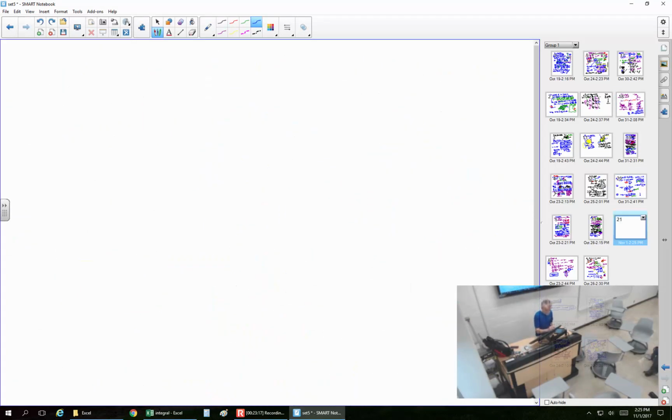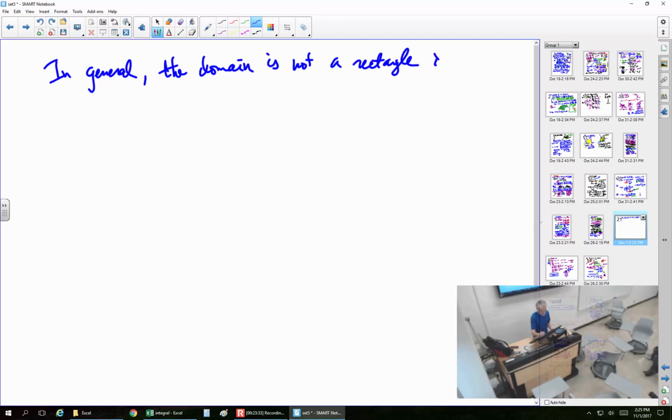In general, the domain is not a rectangle in dimension 2, or a box in dimension 3, and so on. So the example is the sphere.